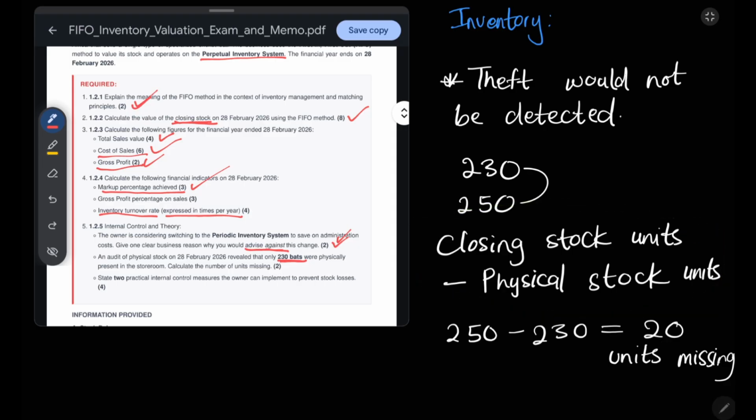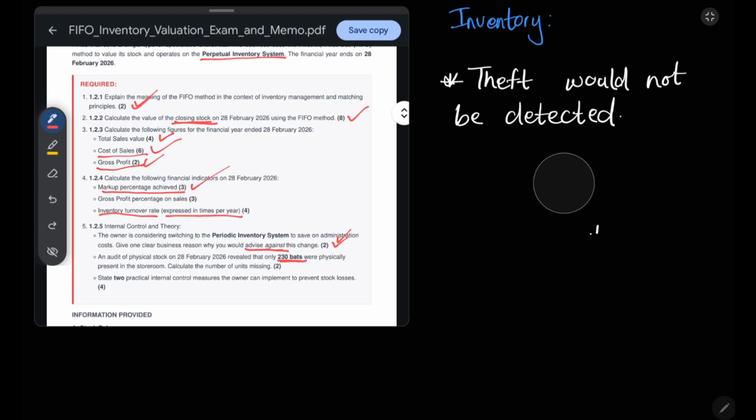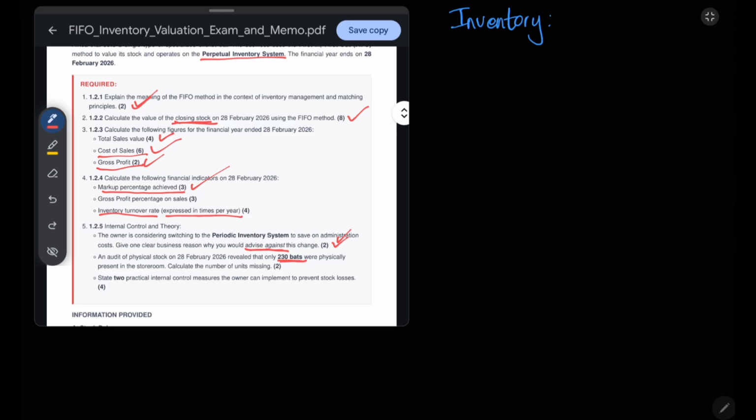Now let's move to the last question. State 2 practical internal control measures the owners can implement to prevent stock losses. This is out of 4 marks. You just have to use your brain.